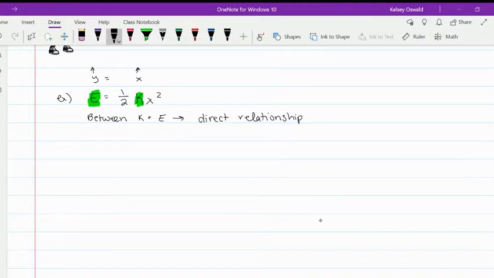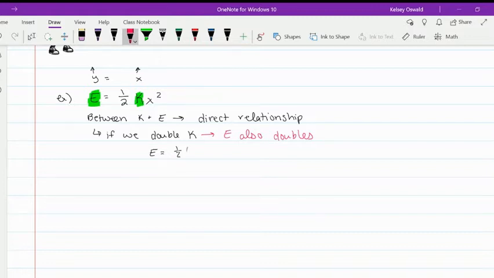What that tells us is, if we double our value of k, since we have a direct relationship, the same thing is going to happen to our value for e. So if we double k, e is also going to double. Another way that we can look at this is, we can plug that multiplier into our equation.